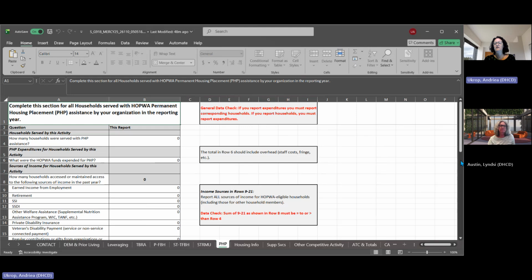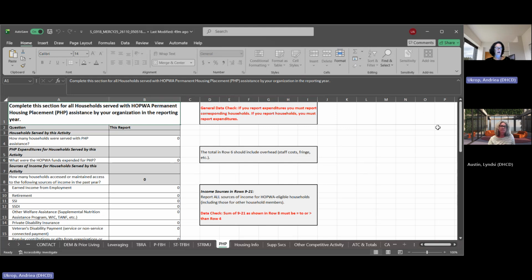All right. So now we're on to permanent housing placement. Not all agencies receive funding for permanent housing placement. So if your agency does not receive funding per your budget for permanent housing placement, you will not need to complete this section.